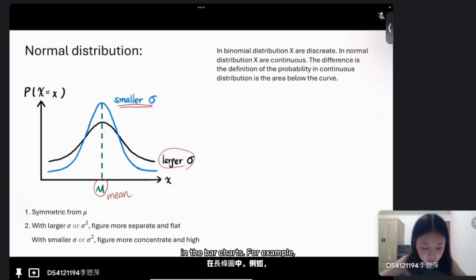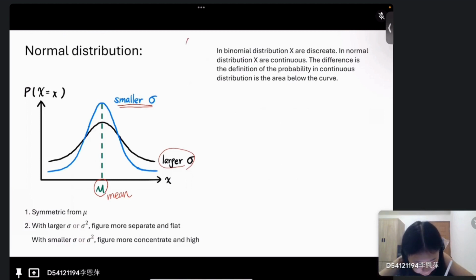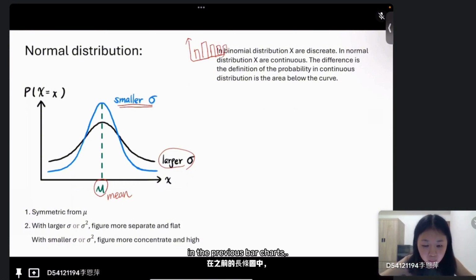For example, in the previous bar chart, we can determine the probability of different variable values by the height of the bars.